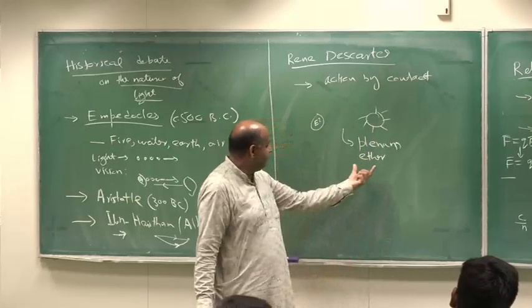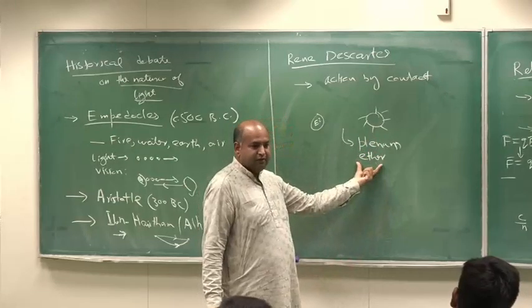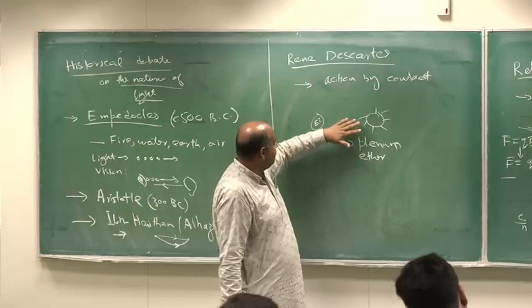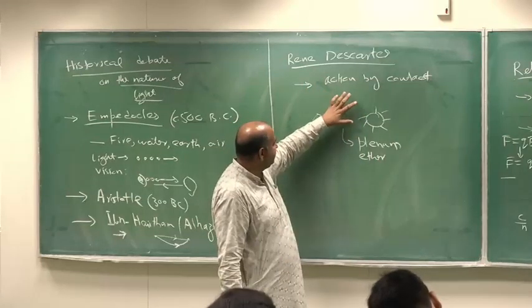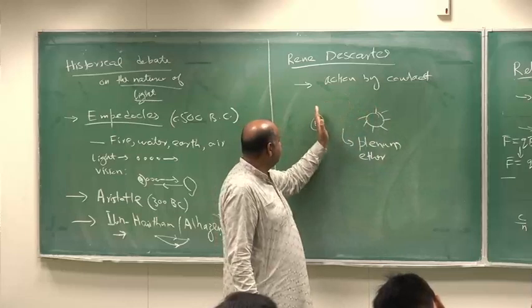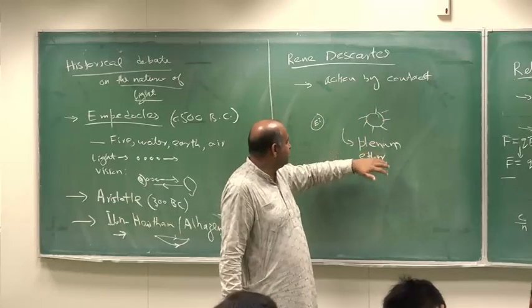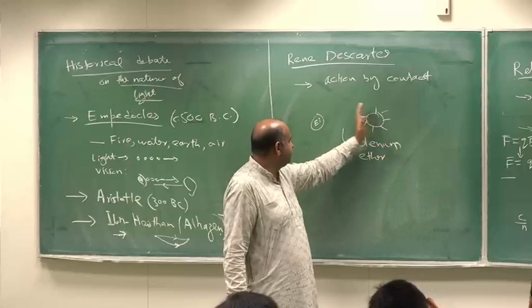Ether in Greek, by the way, is called blue sky. So when we look up to the sky, we see blue sky. So we just call this hypothetical medium, a medium between Sun and Earth which permeates all space, that transmits the force or light from the Sun to Earth.